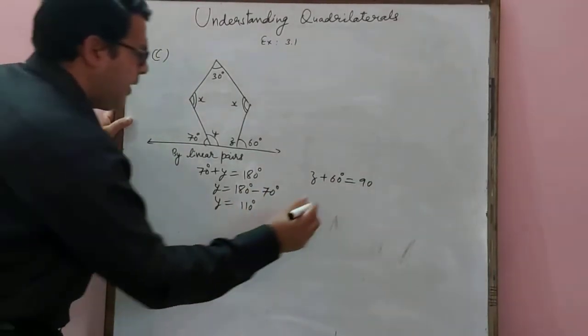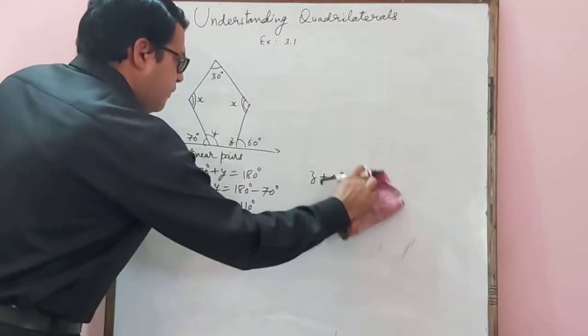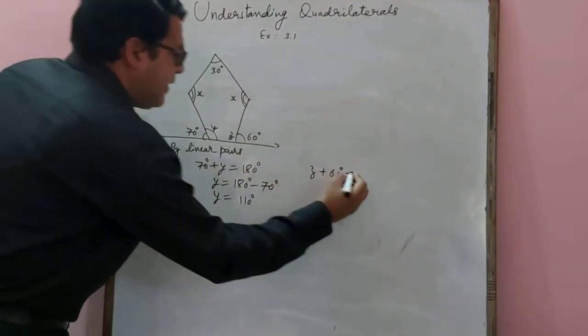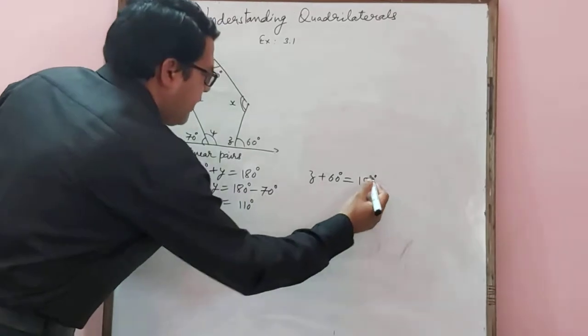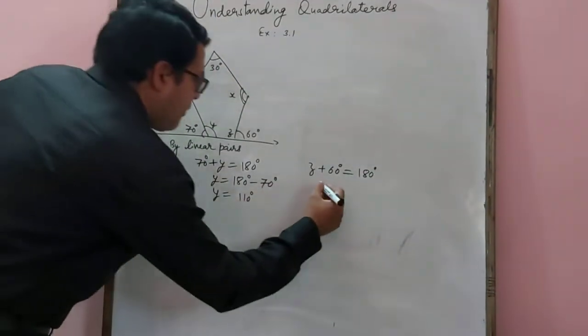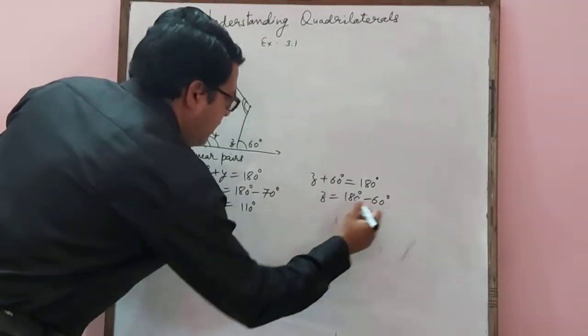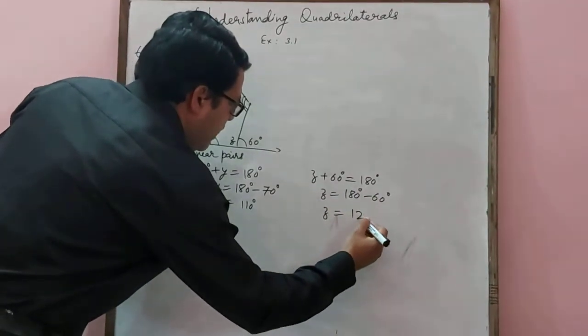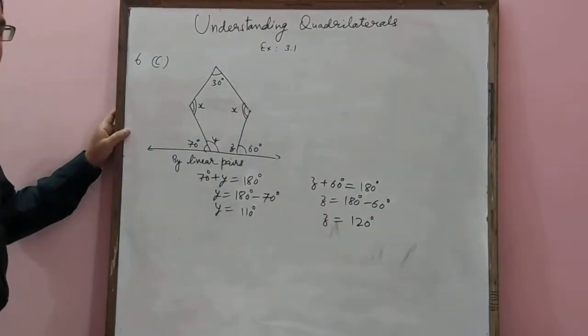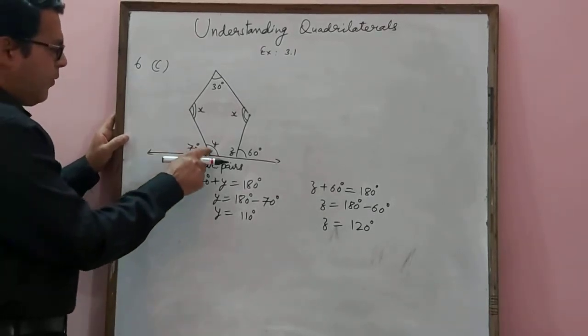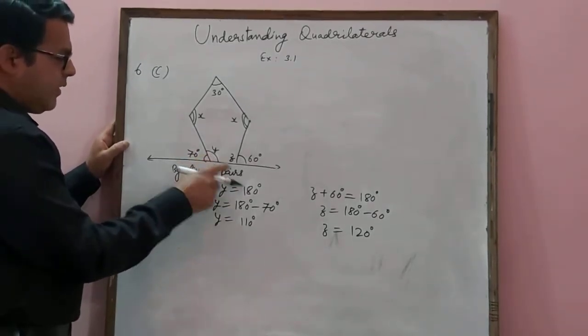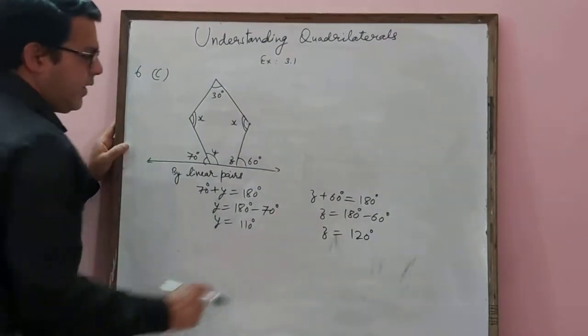Similarly, this Z and 60 are also forming a linear pair, right? Therefore, Z equals 180 minus 60, and Z equals 120. Got it? The value of this angle is 110. The value of this angle is 120.